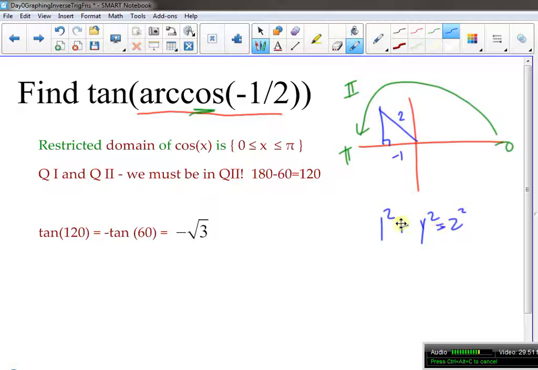Remember, when you're trying to find the sides of a triangle, do not use the minus signs. So 1 plus y squared is equal to 4. We're going to subtract 1 from both sides. We get y squared is equal to 3, so y is equal to the square root of 3. We know that's supposed to be a positive square root of 3, so I'll leave it positive. It's going up from the x-axis, and we're in quadrant 2.